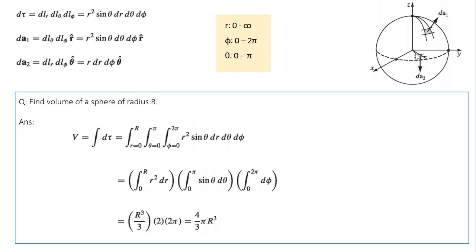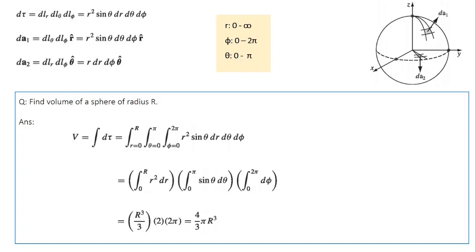Theta is the polar angle with respect to the z axis, and it changes from 0 to pi. Now you may be tempted to think that theta also changes from 0 to 2 pi, but if you look closely at the geometry, you will find that if you take theta from 0 to 2 pi, you will be counting the points twice. So to avoid repetition, you need to pay attention to the limit of theta. It changes from 0 to pi.